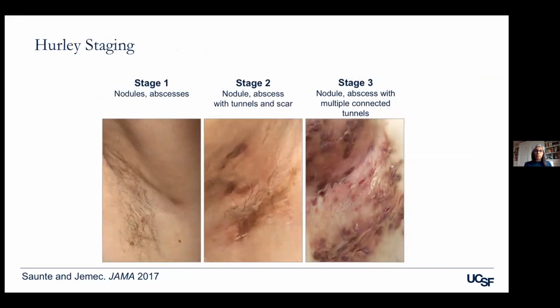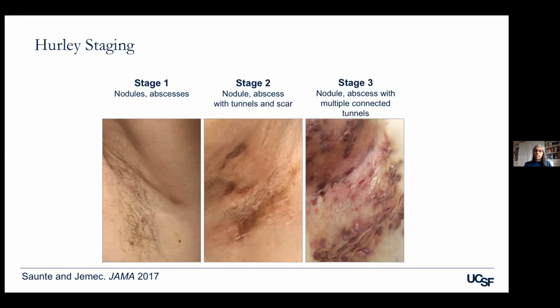The way that we typically think about HS severity is by using a staging system called the Hurley staging system that was developed by a plastic surgeon. Stage 1 disease is characterized by nodules and abscesses, but no scar formation and no tunnel formation.